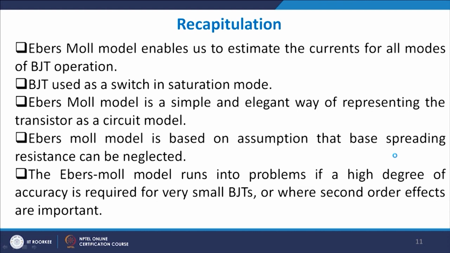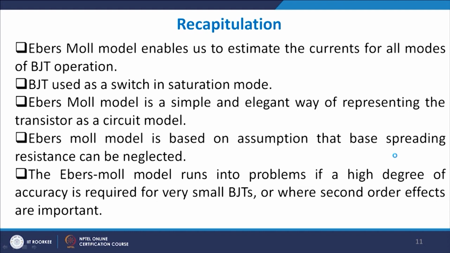As I discussed with you, the Ebers-Moll model is an elegant way of expressing a circuit. What we have neglected in Ebers-Moll is the effective base width model. Please keep this in mind, as next time we will be using the effective base width model.